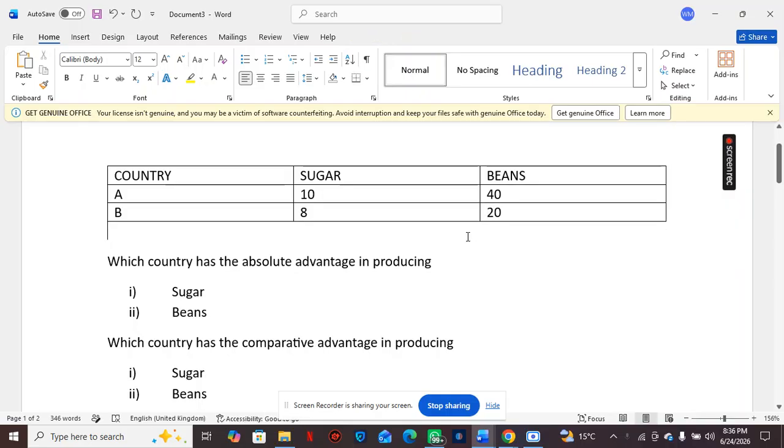All right. So the first question reads: which country has the absolute advantage in producing sugar and beans? When we talk about absolute advantage, it is which country can produce more of the good using the same resources.